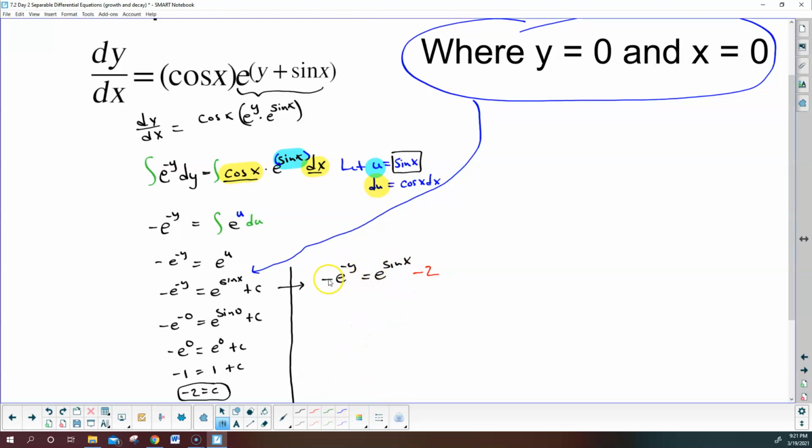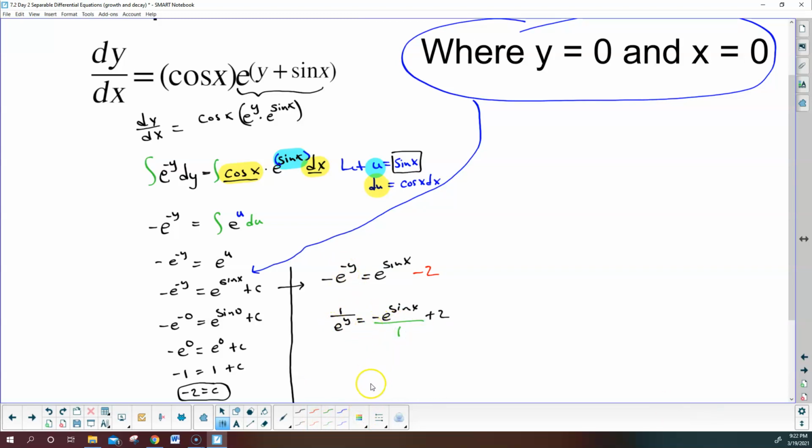First thing I'll do is get rid of the negative by dividing all sides by a negative. And then you can see instead of having e to the negative y, this is where I rewrote it. So now it's 1 over e to the y, just because I don't love the fact that that negative is going to come into play.